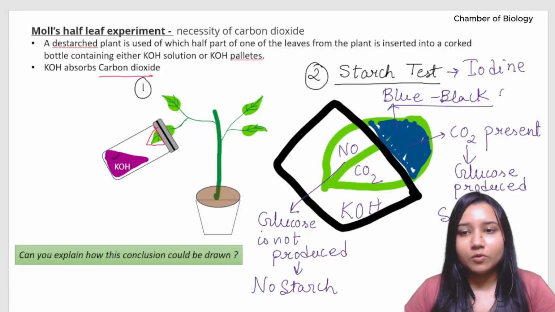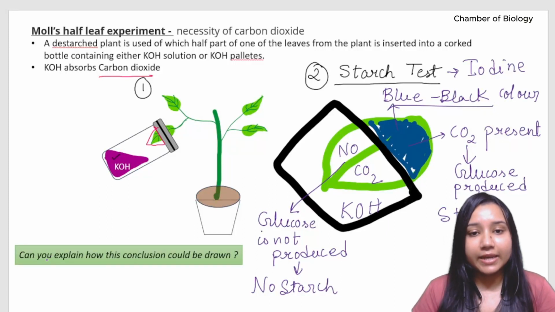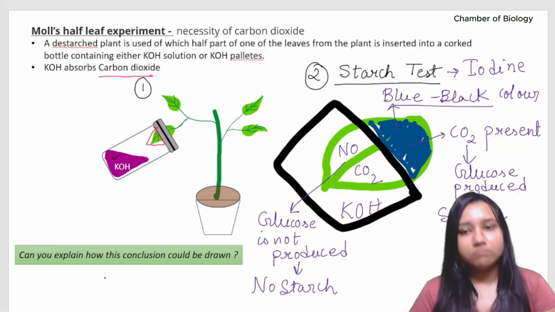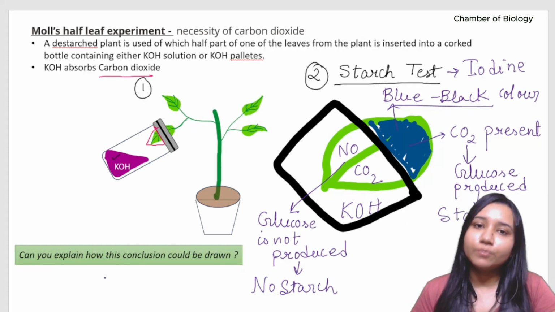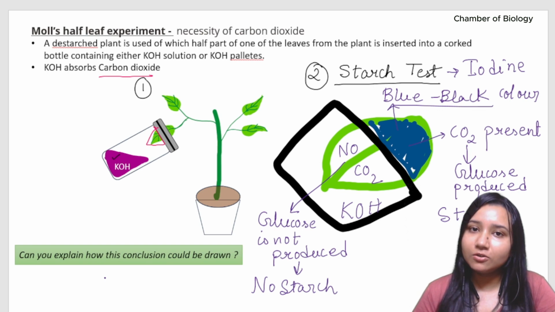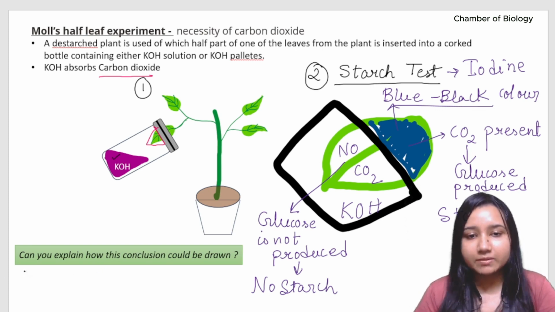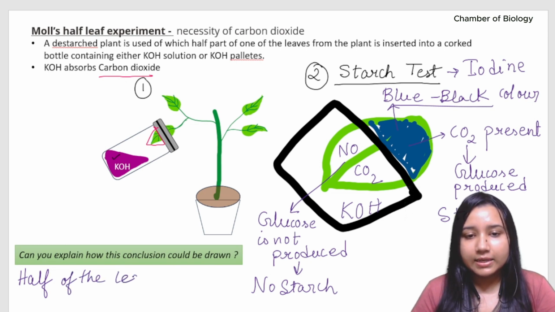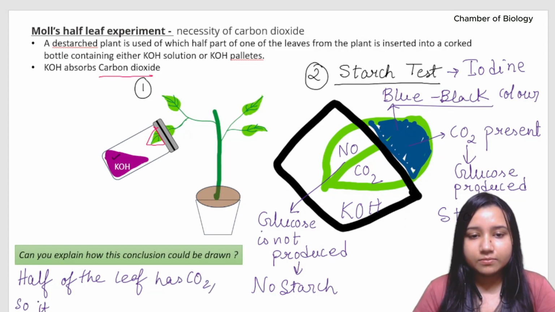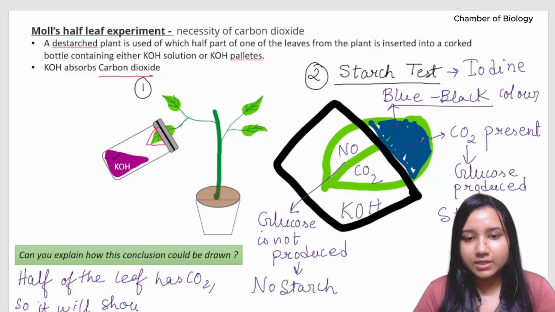Okay, blue-black color. Now, it is given, can you explain how this conclusion can be drawn? Yes, we can, because the half portion of the leaf has CO2. If the CO2 is present, half of the leaf has CO2, so it will show a positive result.